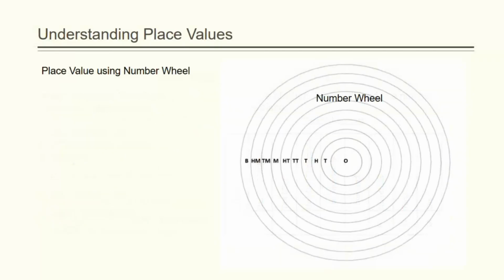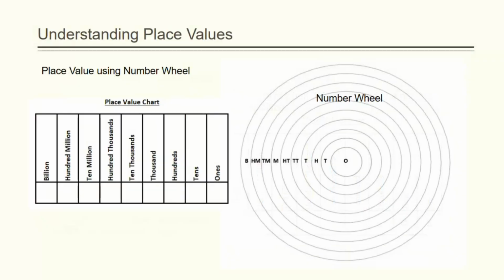We can also demonstrate this by using what we call the number wheel. The number wheel is also divided into various sections, beginning from the smallest circle, which is signified by O, which represents the ones.